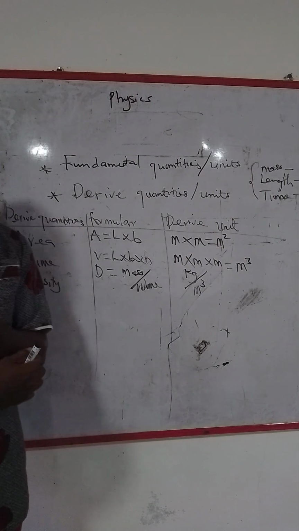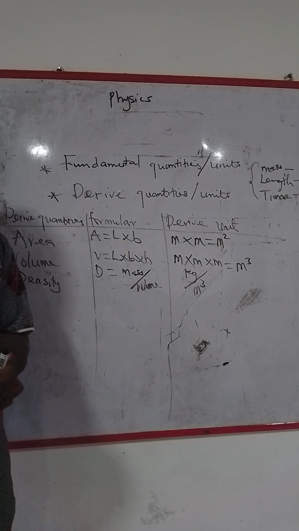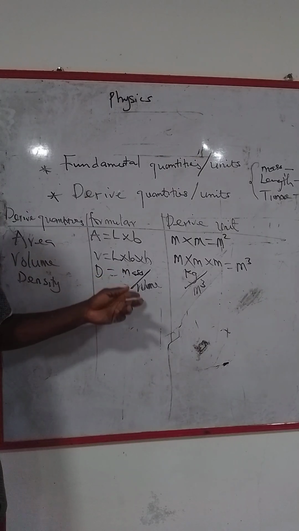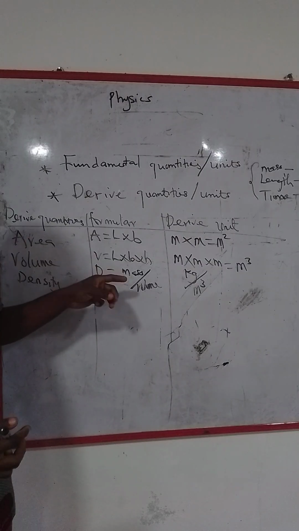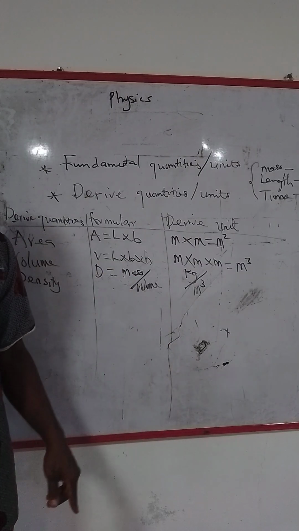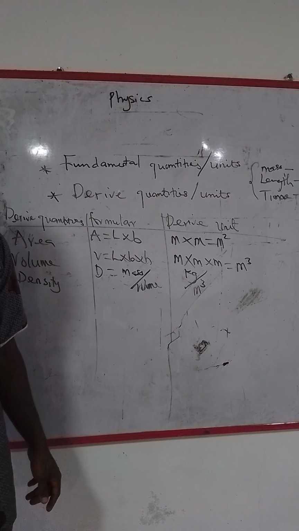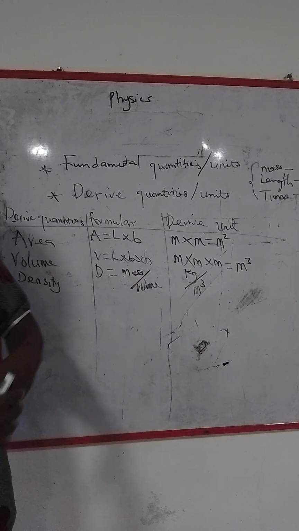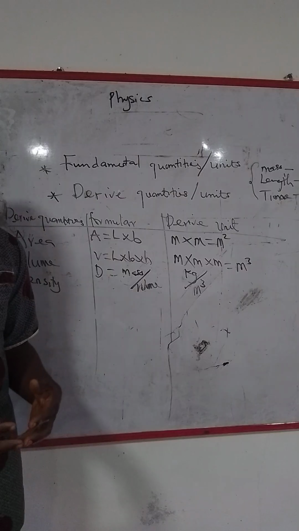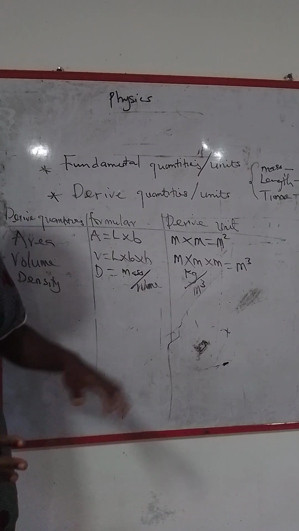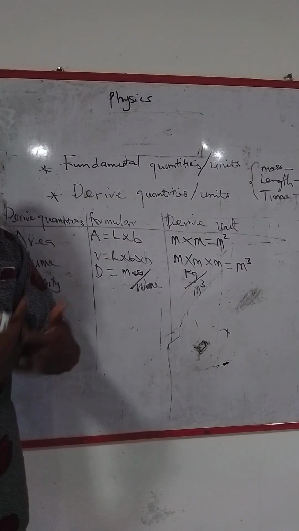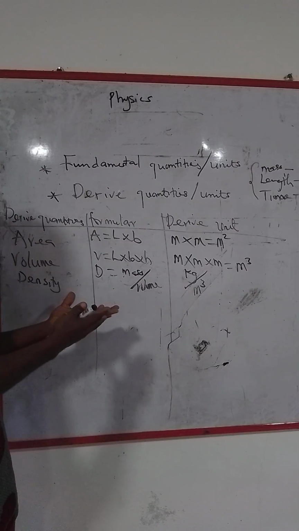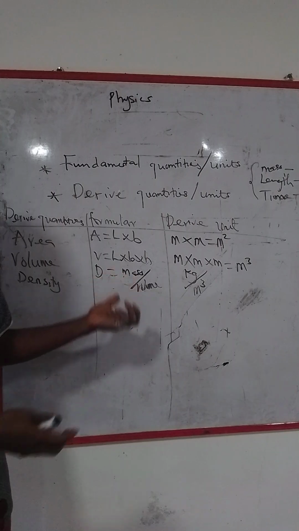What's the question? Can you not write it as kilogram meter cube? It's wrong. You see the formula now? Mass over volume. If you write it like that, it means you are saying kilogram times volume. Do you understand now? So the formula defines how the unit will be. The formula gives you a direction. In fact, you don't need to rack your brain. It comes naturally the way the quantities are presented.